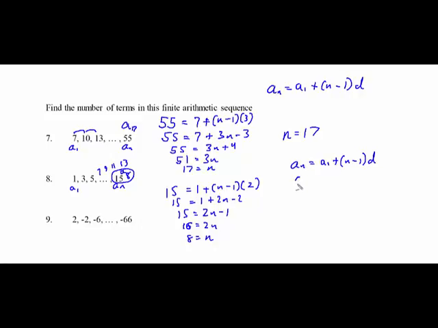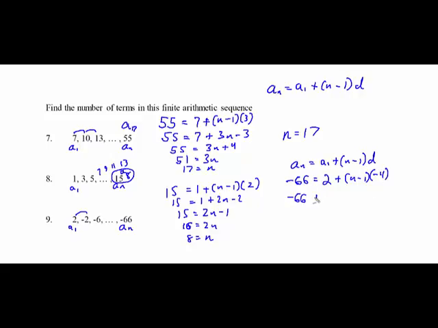So my a sub n is going to be negative 66, because that is what I know there. My a sub 1, way over here, is going to be 2, plus n minus 1, we don't know that. D is our difference, which is going to be a minus 4. So there we are, minus 4 at each step.